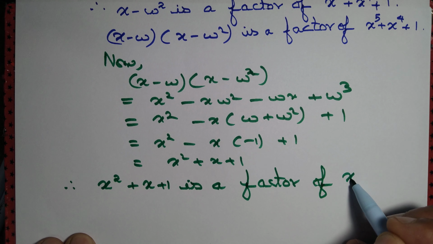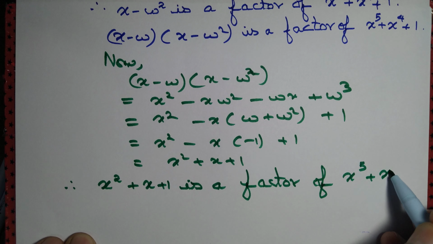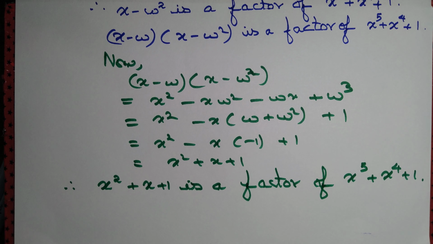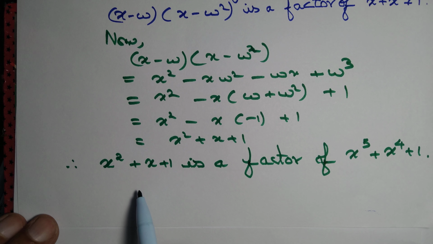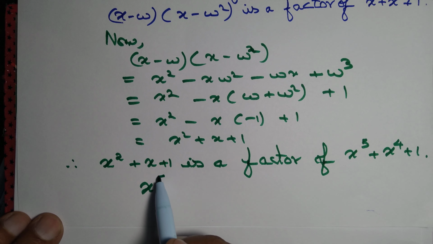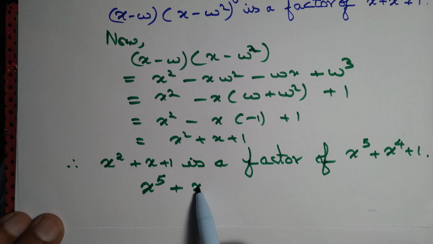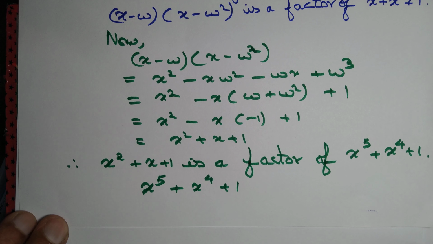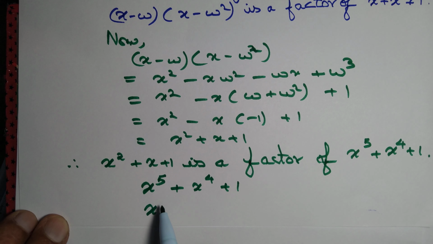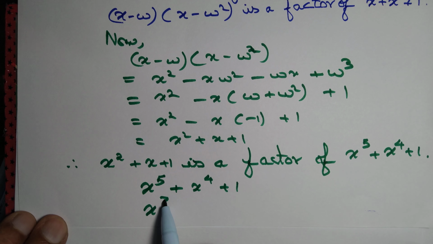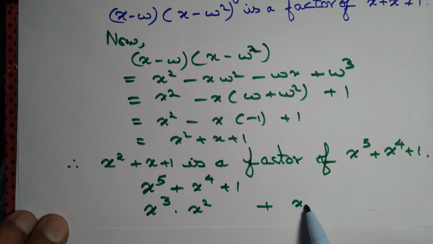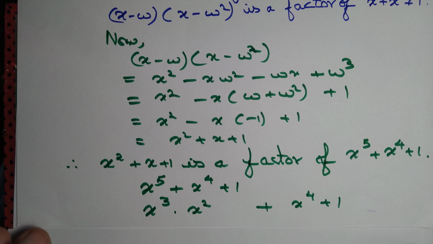Therefore, we see that x squared plus x plus 1 is a factor of x to the power 5 plus x to the power 4 plus 1. Let's factorize it now. We want to factorize x to the power 5 plus x to the power 4 plus 1. We know that x squared plus x plus 1 is a factor. So x to the power 5 can be written as x cubed into x squared, plus x to the power 4 plus 1 as it is.